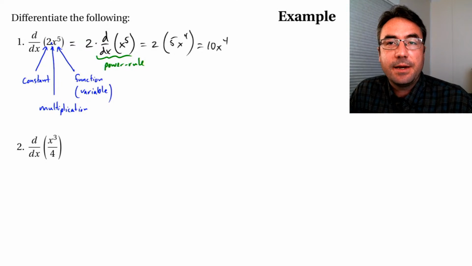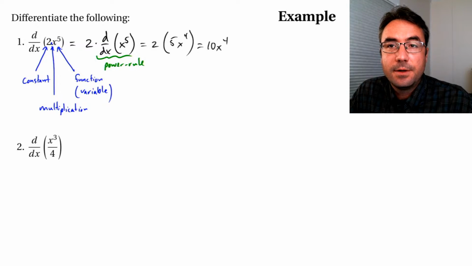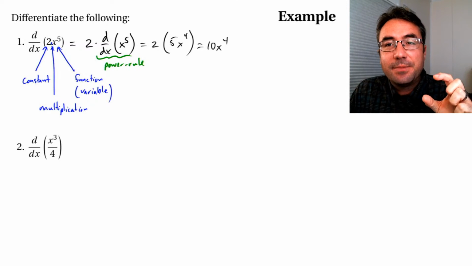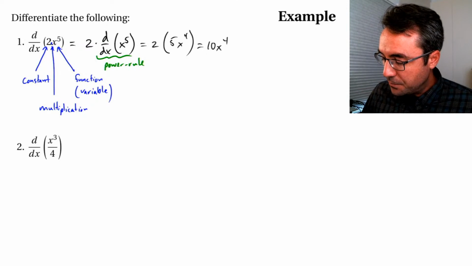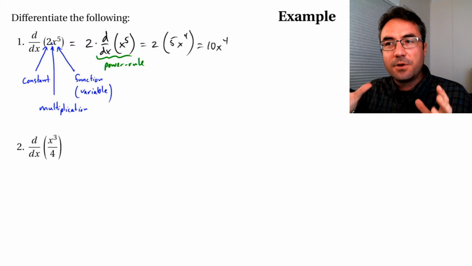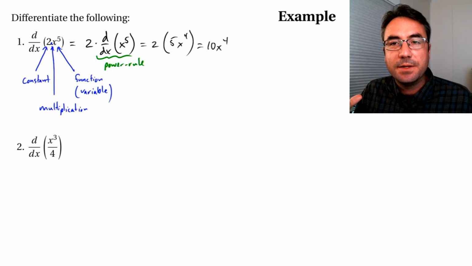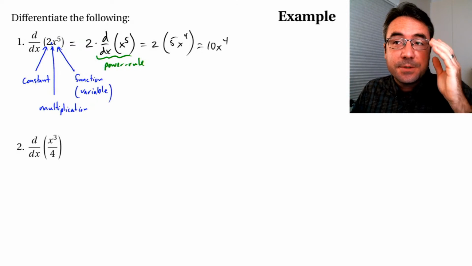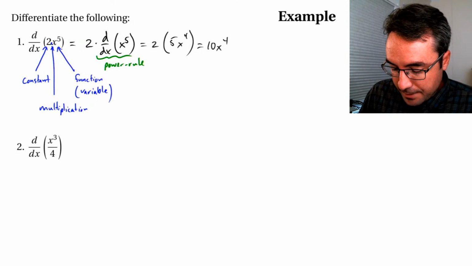A little bit more complicated. So we have the function x cubed over 4. As it's written, there's actually division. It's x cubed divided by 4. So for these, and for a lot of these power function type ones, an underlying strategy that we want to use is to rewrite it.